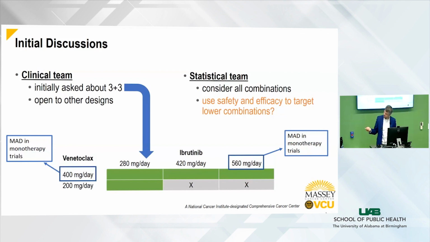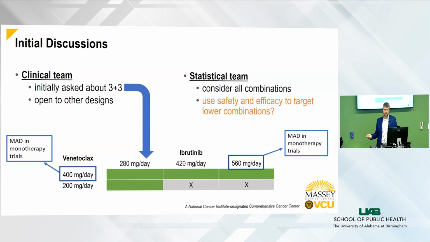I've given some portion of this talk before, in which I had a little asterisk here. I didn't put it on this one. And the asterisk said they were open to other designs after we told them that we don't do the 3+3. So they were as open as they could be to statisticians who would not engage in the 3+3. So my colleague and I tried to focus on, let's not do this, right?